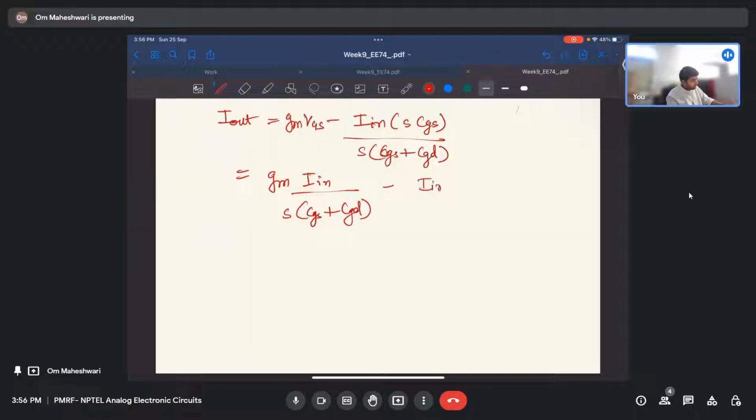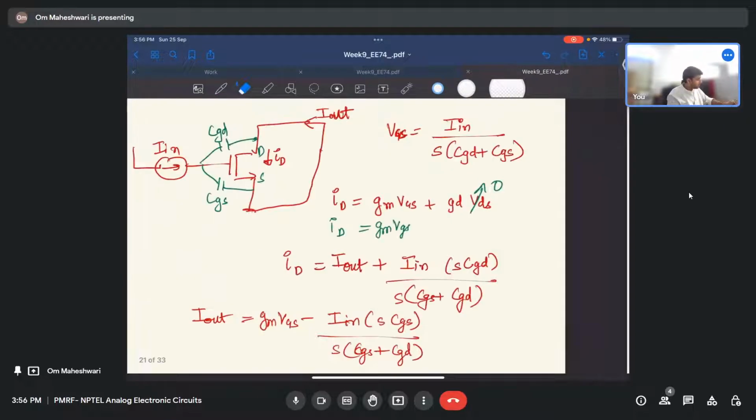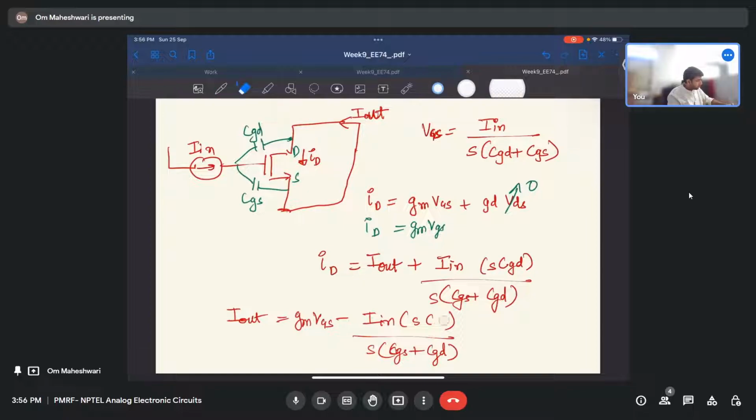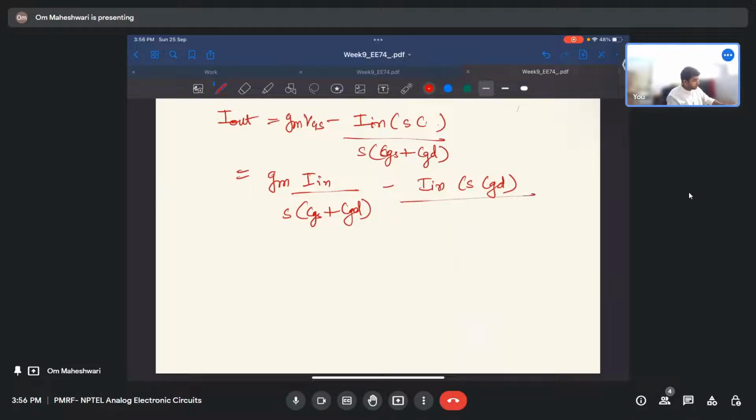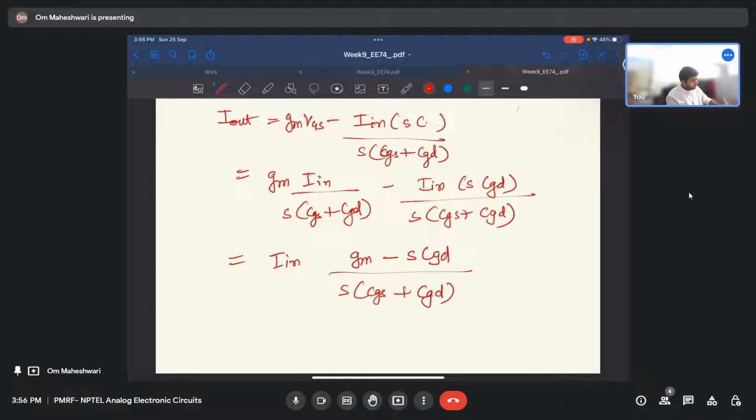Minus I_in into SCGD by (SCGS plus CGD), so equals to (GM minus SCGD) by (CGS plus CGD). So I'll just put this I_in here.